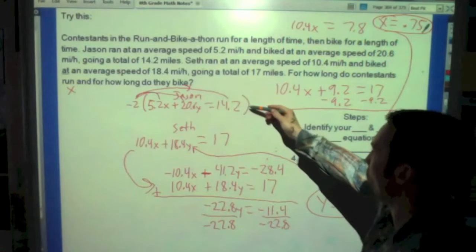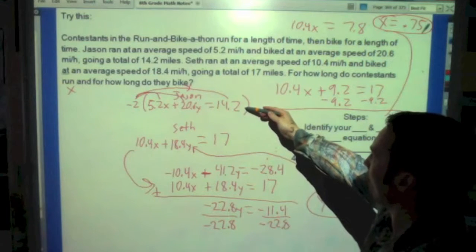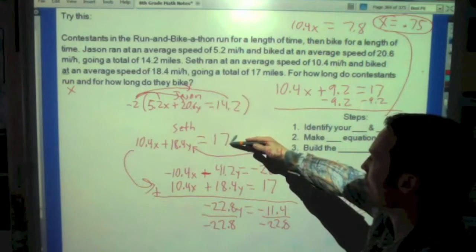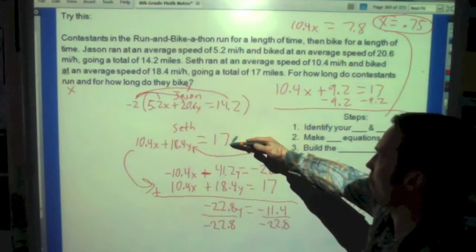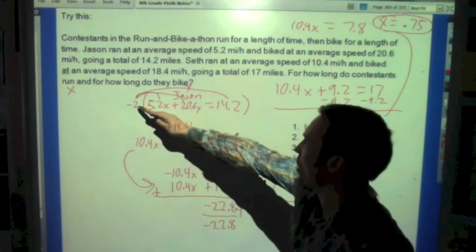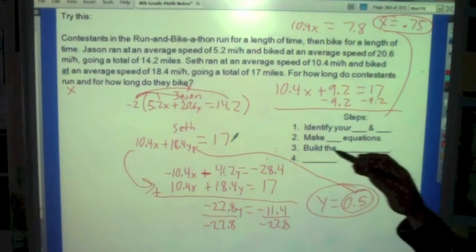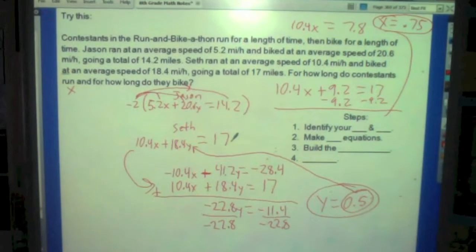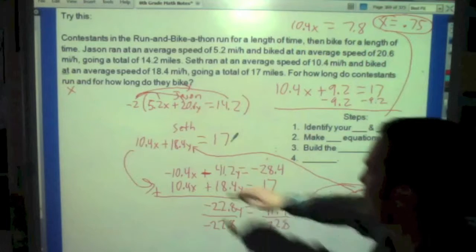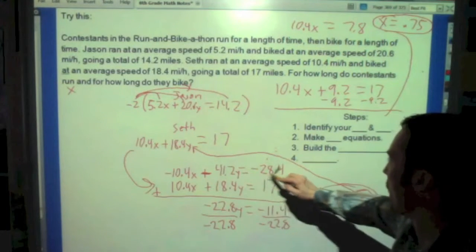Here's our equation for Jason. This is our equation that we came out with for Seth. Okay, I wanted to multiply. I want to get them to cancel out, do my stack and add, so I multiplied that by -2. When I do that, here's my 2 equations that I have now.